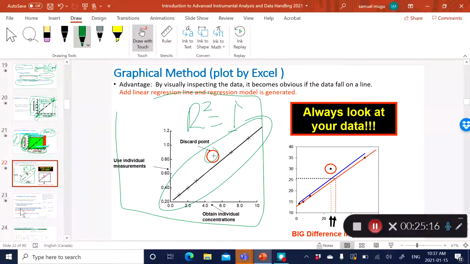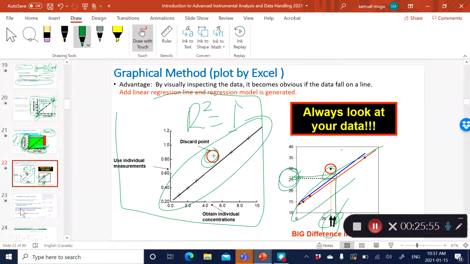You can see the importance of this, because if you keep that data point, now you can see the regression lines are very, very different, meaning the concentration of the unknown that you're going to determine is very, very different, because that's how you determine the concentration of the unknown.